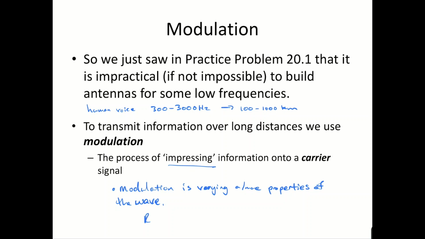And if you recall, those properties are amplitude, frequency, and phase.